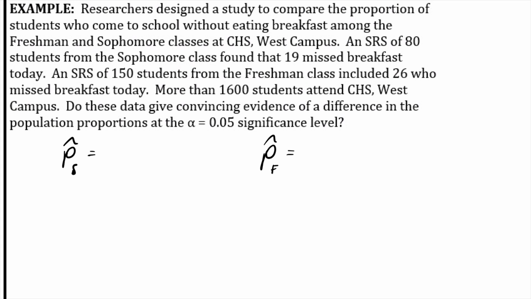So p hat sophomores. What is the p hat? 19 out of 80, which is a little less than 0.25. Wait, 19 divided by 80, 0.238.